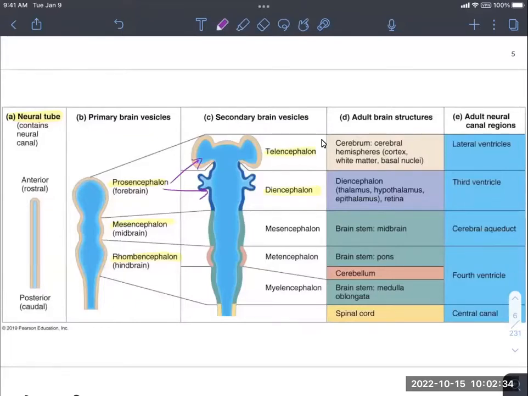The mesencephalon stays the same. Well, that rhombencephalon becomes that metencephalon and the myelencephalon. And then again, they change some more to become the primary structures of our brain we have today.